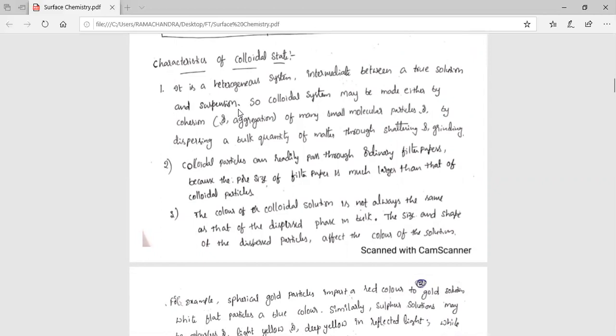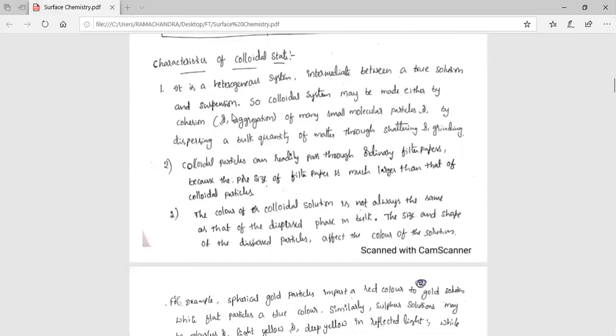A colloidal system may be formed either by aggregation of many small molecules or particles, or by dispersing a bulk quantity of matter through grinding. The particles are dispersed from a bulk quantity of matter which undergoes grinding.